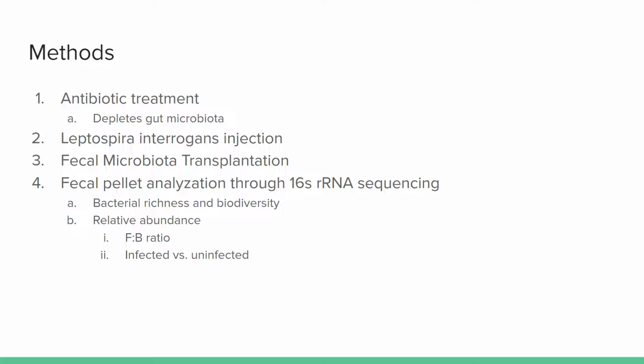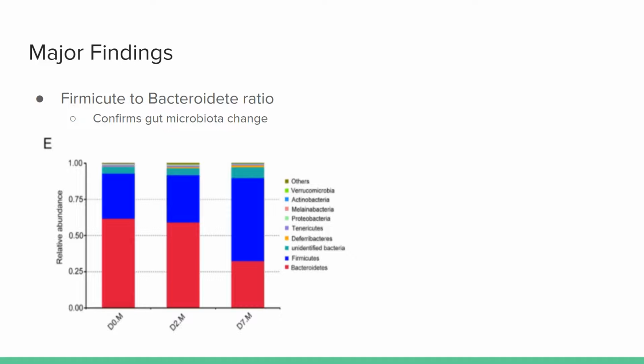Out of all the groups, they had their fecal pellets analyzed through 16S rRNA sequencing, which showed that bacterial richness and biodiversity of the gut microbiome was not significantly changed, while the relative abundance of firmicutes and bacteroidetes was significantly changed between the infected versus uninfected. So this is the infected group without the transplant.